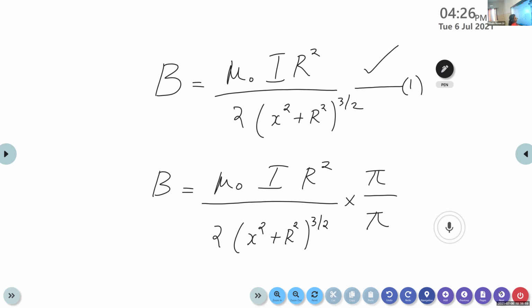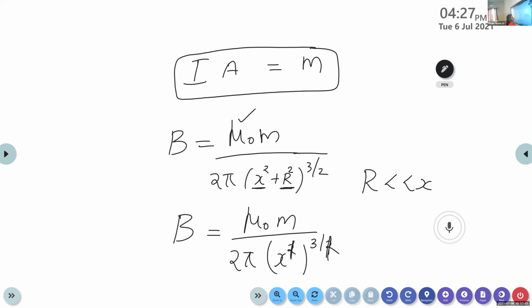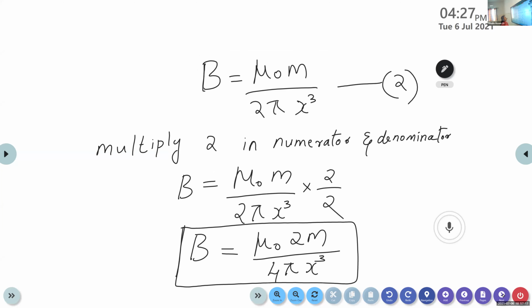So we neglect that term. So the equation becomes B = μ0 m divided by 2π(x²)^(3/2). Here we cancel these two, so our equation becomes B = μ0 m divided by 2π x³.